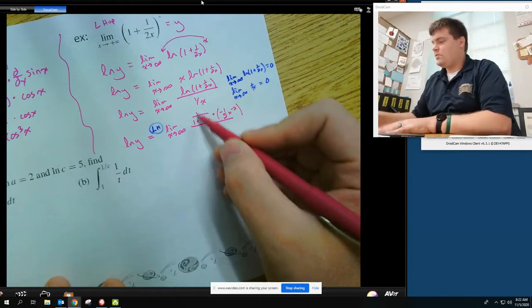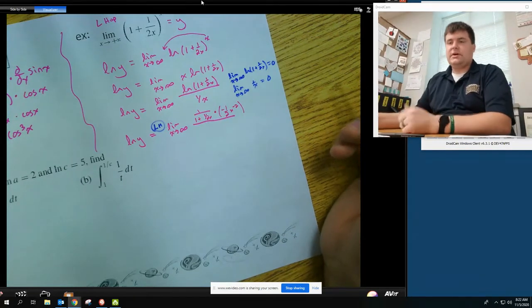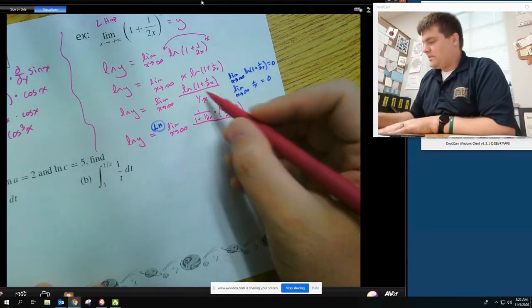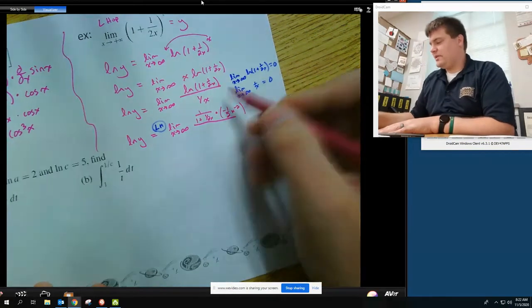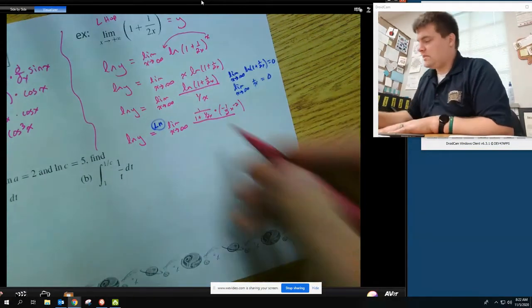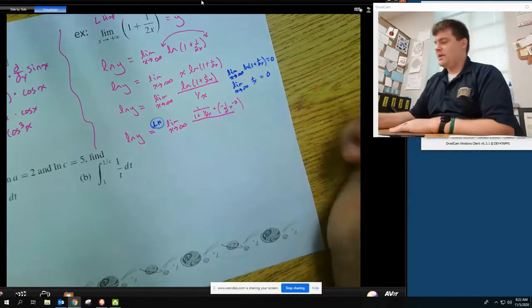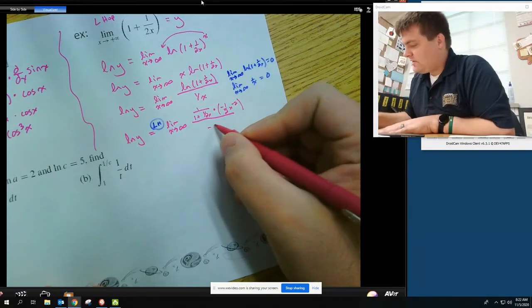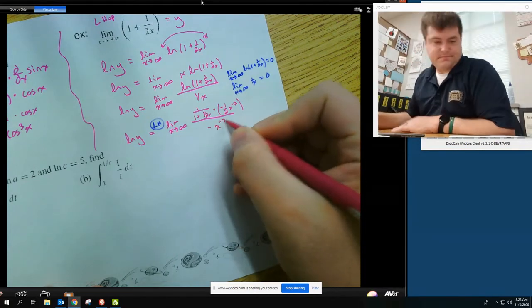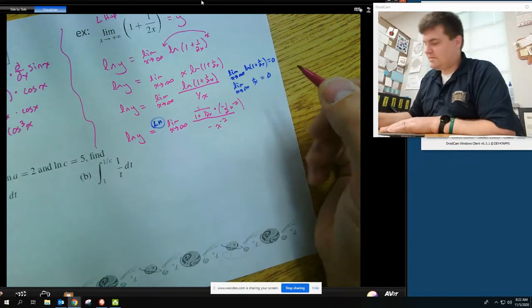Derivative of the outside is the 1 over 1 plus 1 over 2x. Derivative of the inside is 0 plus, that's really an x to the negative 1 times 1/2. So that's why it's negative 1/2 x to the negative 2. And then the derivative of the bottom there is really x to the negative 1. So it's going to become negative x to the negative 2. Just double checking my work here. Yep, everything's all good.